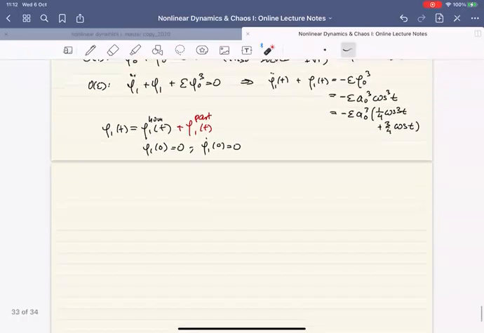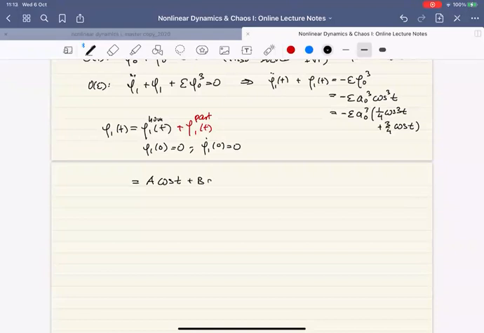So the general solution with frequency 1, because here I don't have a general omega, but I have 1. If I start writing this out, first the homogeneous solution, which would be some capital A times cosine t plus capital B times sine t. So that would be the homogeneous solution. And then I start adding the inhomogeneous solution.